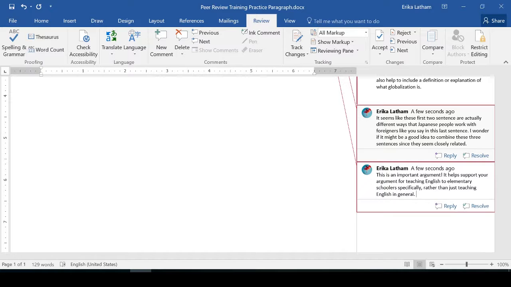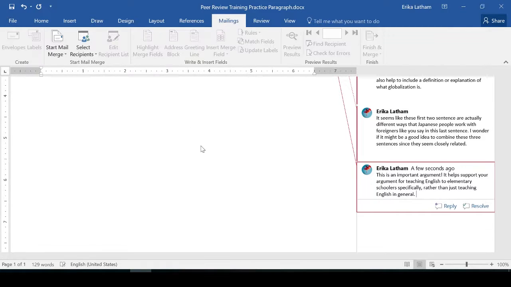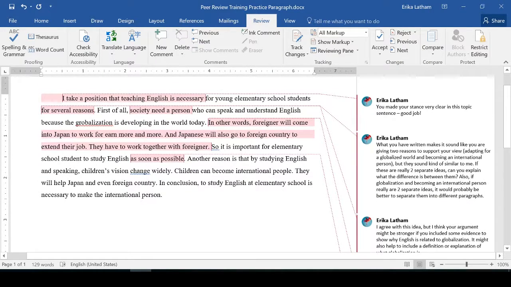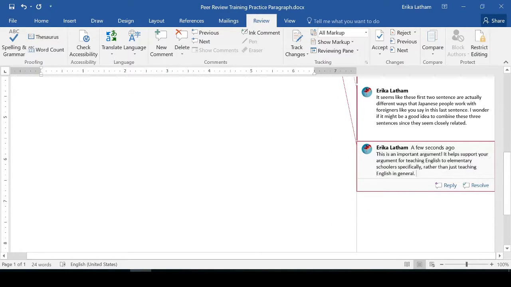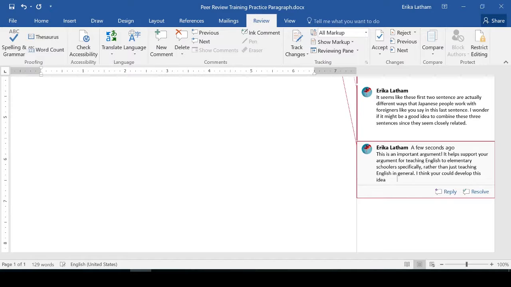But I think they should add more information about why it's important to start early. They just say as soon as possible, but they don't really say why. I think they could really use some evidence to justify that argument. So let me come down here and add that. I think you could develop this idea a little bit more and explain why learning a language early is better.